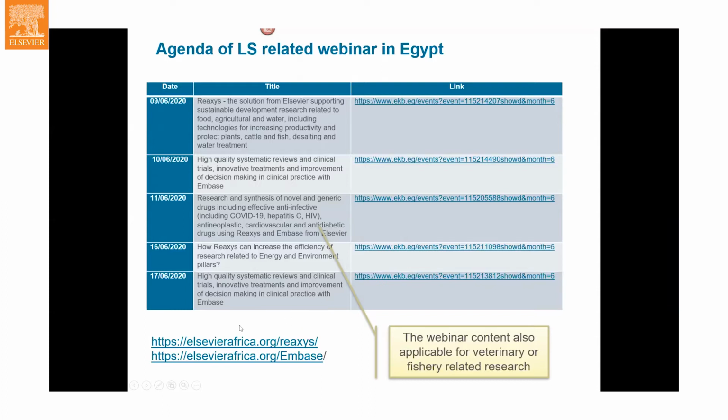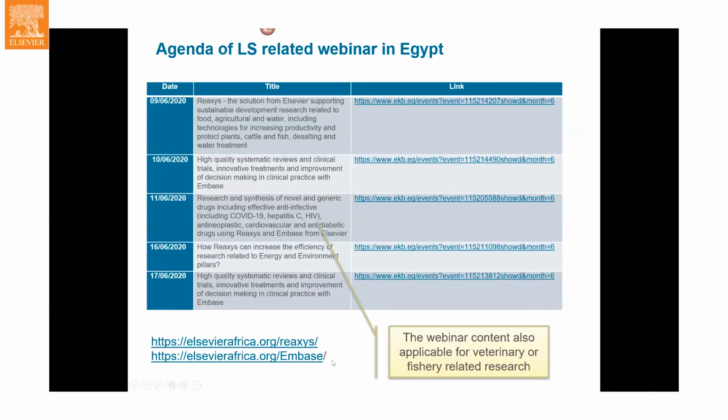All of this information is available on the database's landing pages. This one, elsevierafrica.org/Reaxys. From here, you can register to the Reaxys webinars. You can find the links how to access Reaxys. You can get additional video and materials related to Reaxys, and the same goes for Embase.